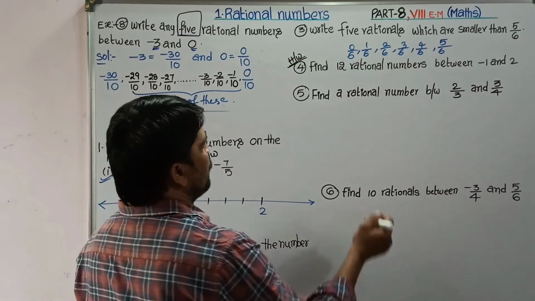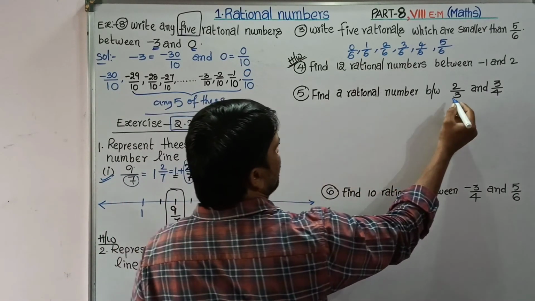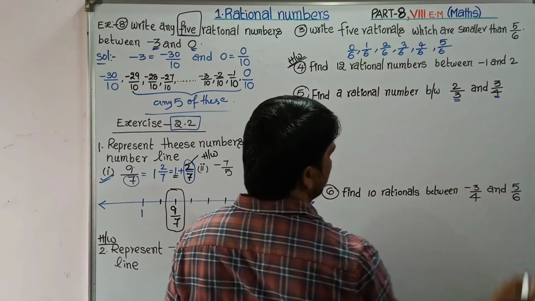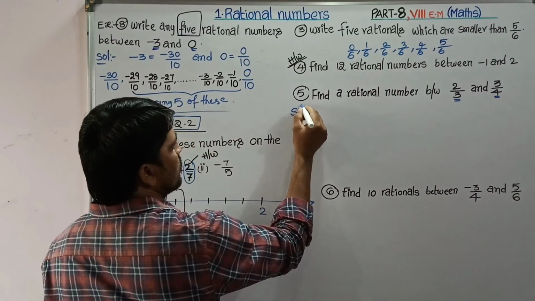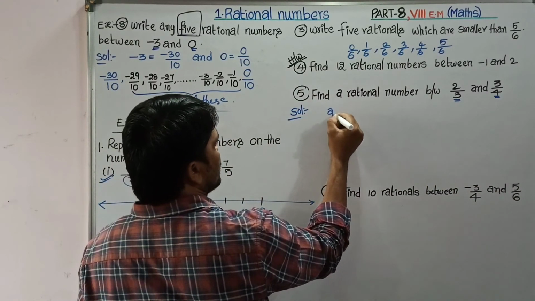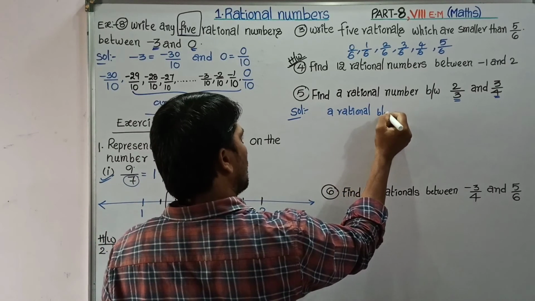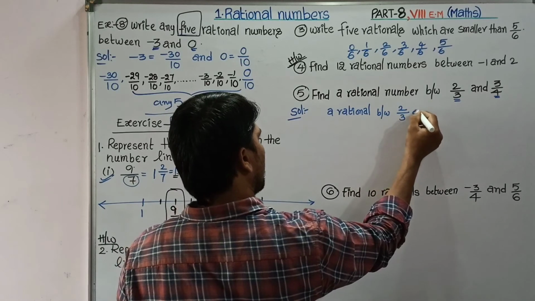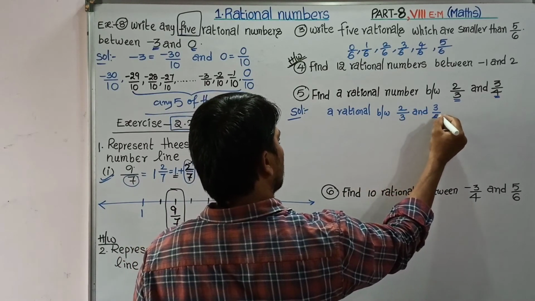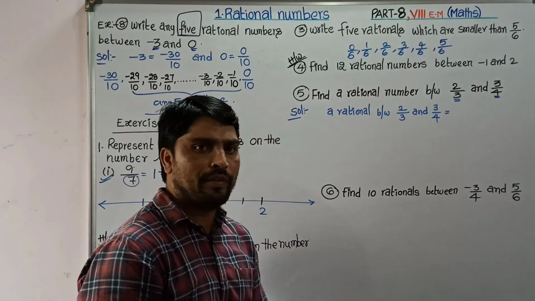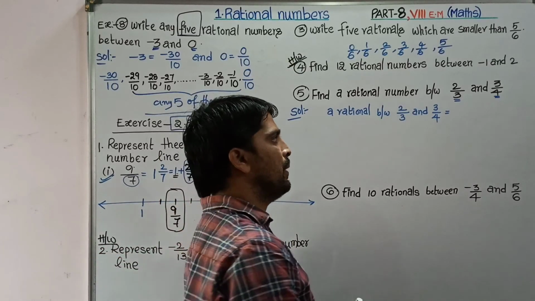Fifth one. Find a rational number between 2 by 3 and 3 by 4. Solution. We know that a rational between a and b is a plus b divided by 2.